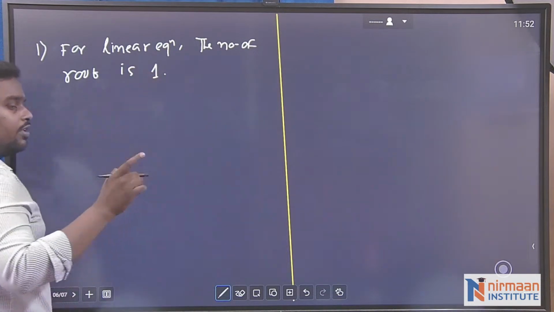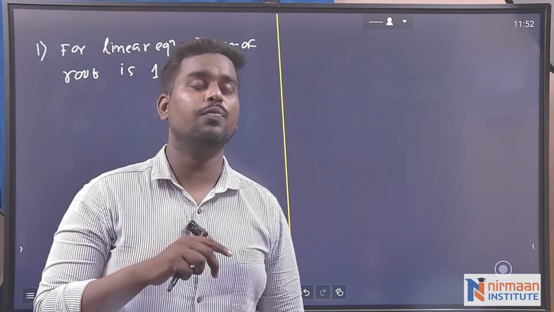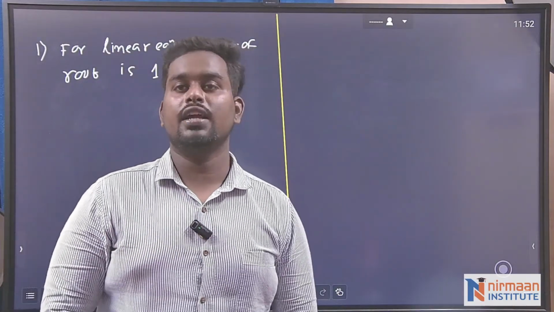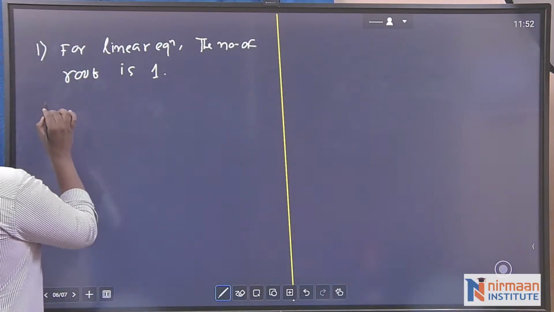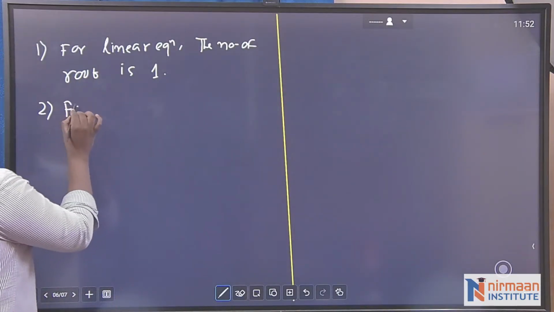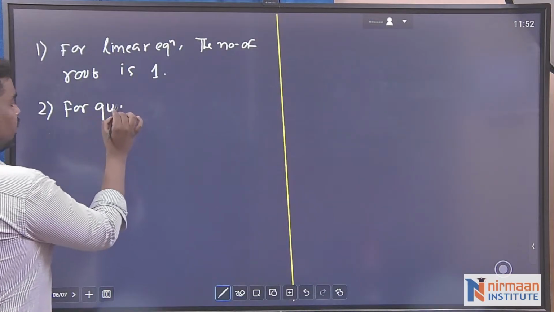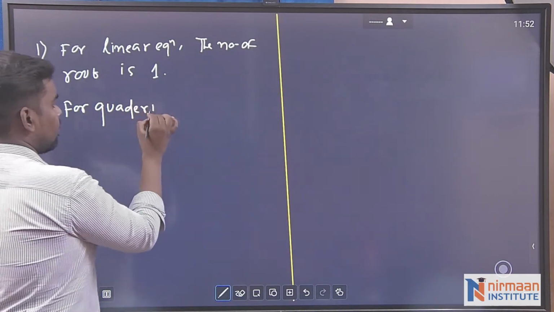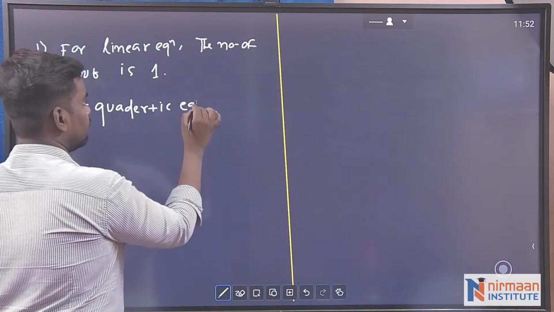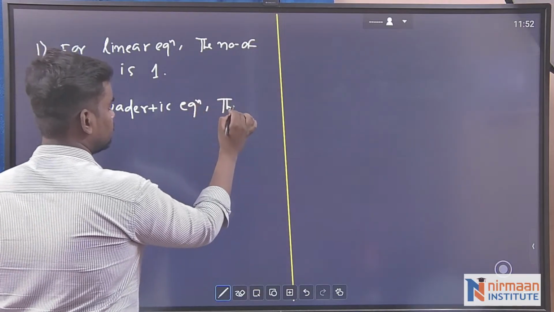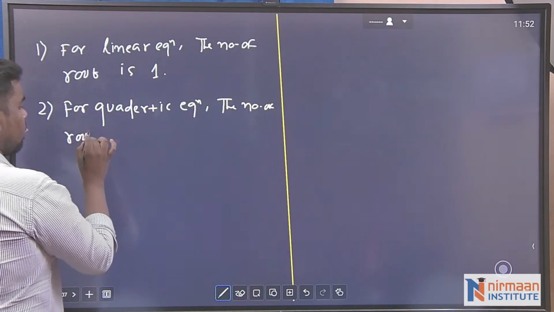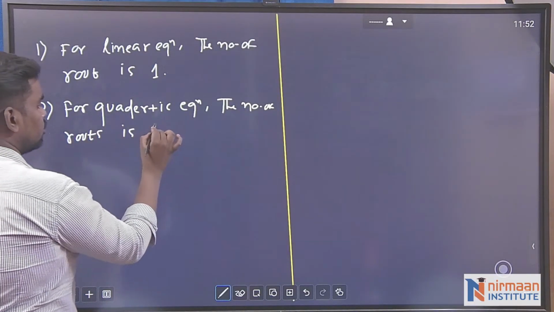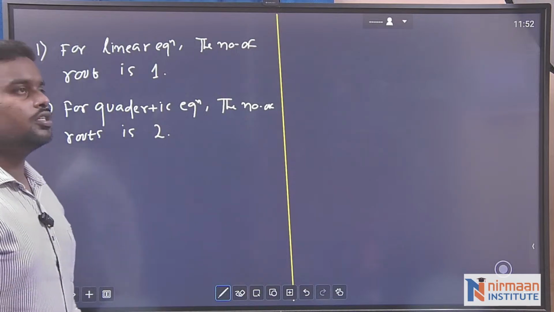For example, 4x minus 3: only one value of x was found such that its value becomes 0, which is 3/4, right? Second, for a quadratic equation, the number of roots is 2.